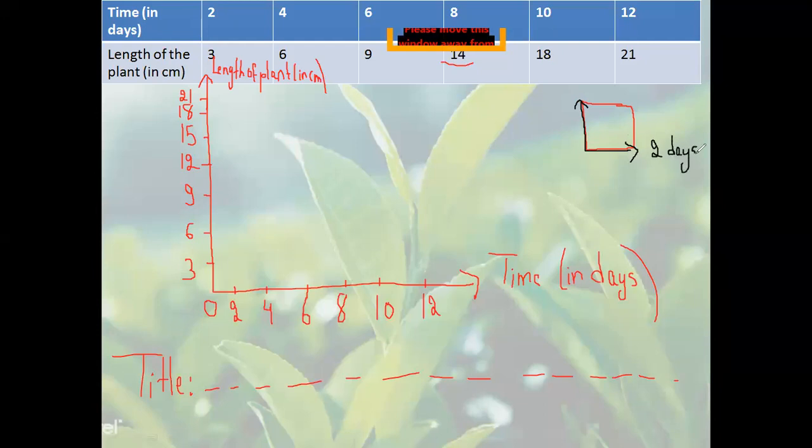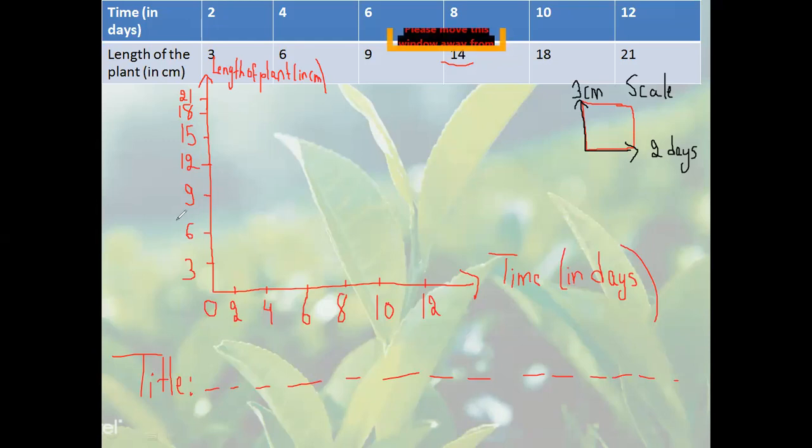And on the y-axis, every 1 centimeter is 3 centimeters. This is the scale. So here I finished the scale and the title. If you forgot any one of these, I'm going to remove half of the mark. So the scale and the title are very important. I prefer to write them before you start with the graph.